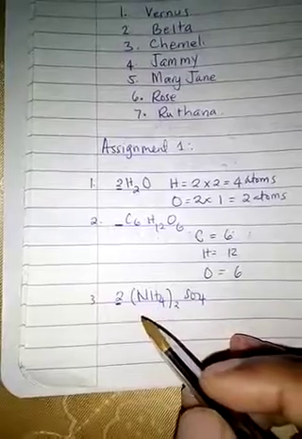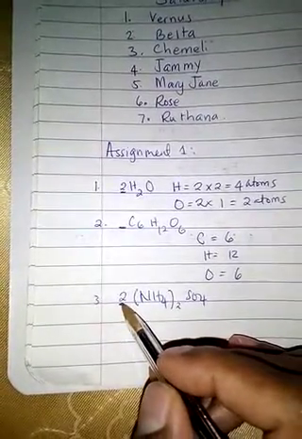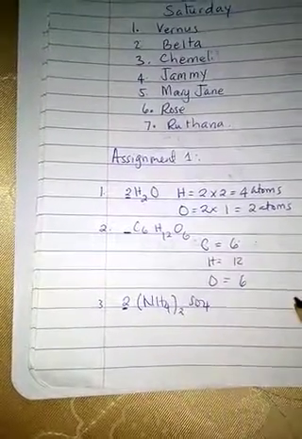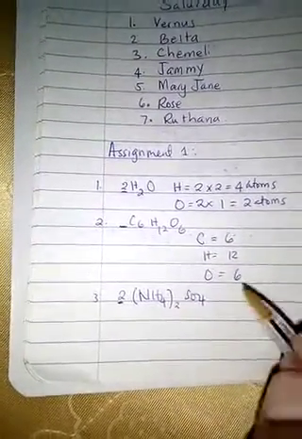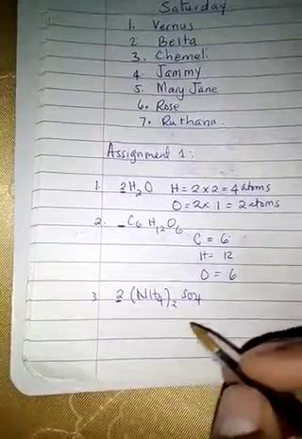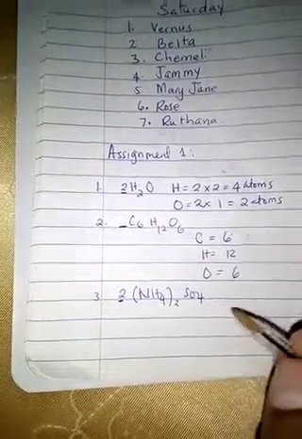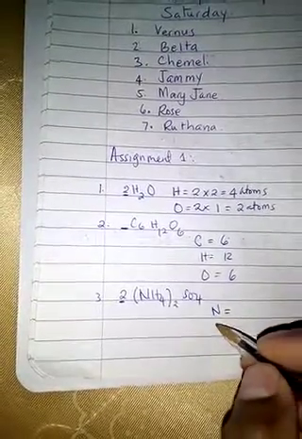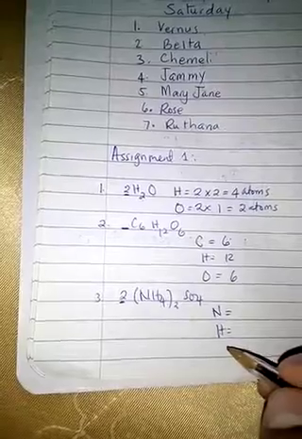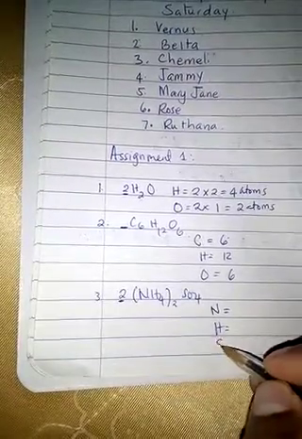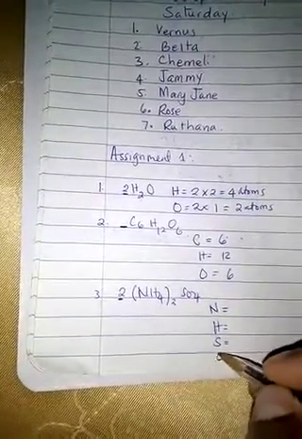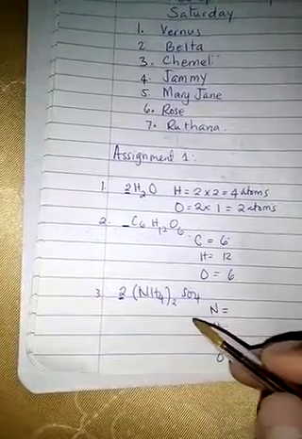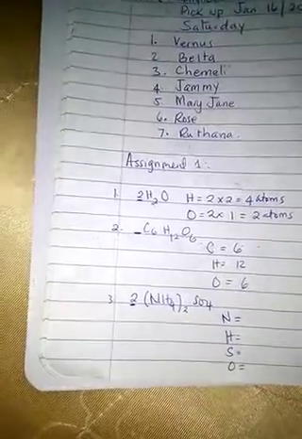How are you going to multiply this number to the other numbers and atoms present? First of all, you need to list the individual atoms present here. So we have nitrogen, hydrogen, sulfur, and oxygen. So we have 4 atoms present in this molecule.